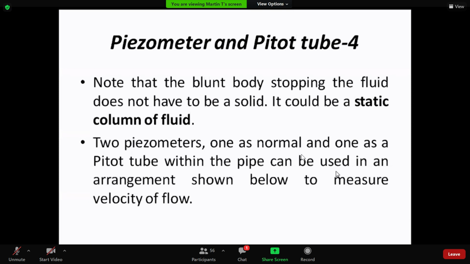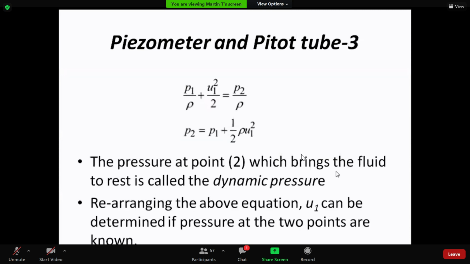Excuse me, sir. Pardon me, on why P2 is greater than P1. Why is P2 greater than P1? Because at point P2, P2 has two components. P2 has static pressure, and it also has dynamic pressure, which is causing stagnation.